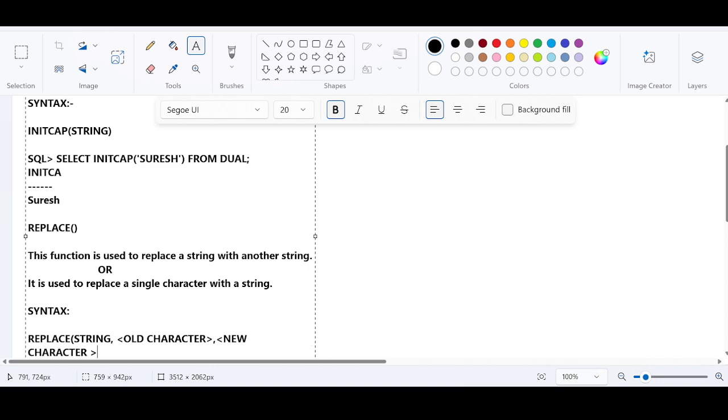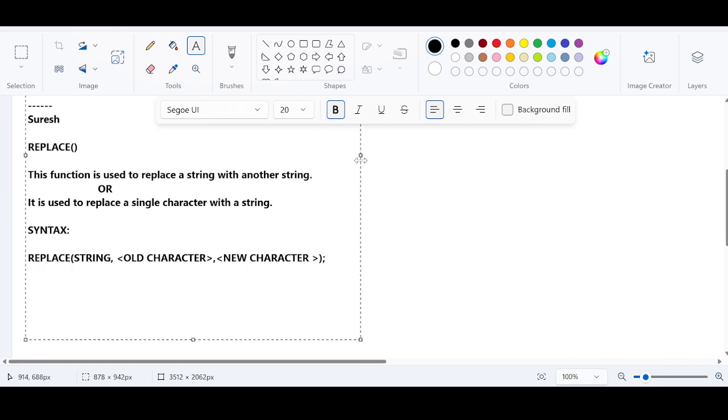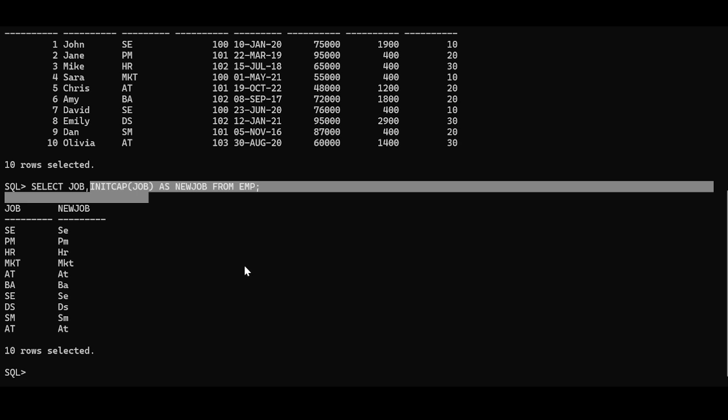By the syntax, you will understand exactly what the inputs are, what the function is going to accept as input. String it will accept. You have an option to pass the old character, and you also have an option to pass the new character. Now let us use this function effectively.